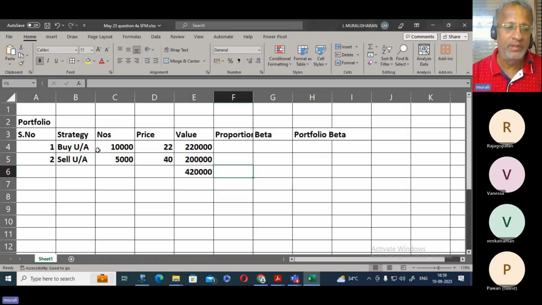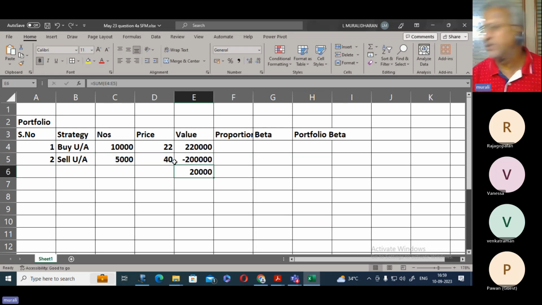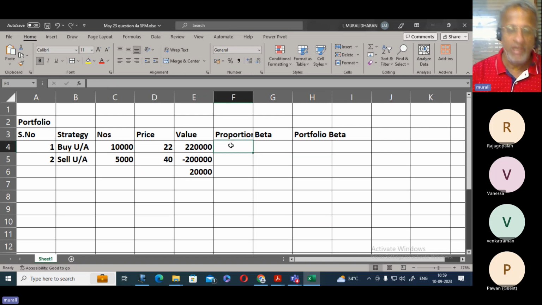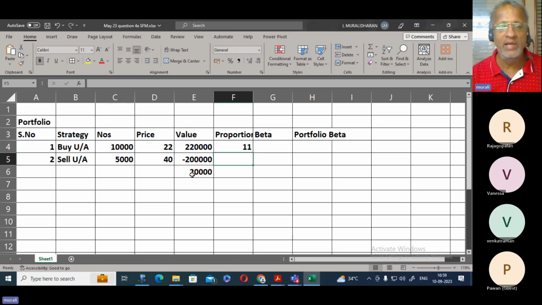Now, these are not on the same lines. One is buy, the other one is sell, so we can't add them without a sign. I got to put a sign for that. So now I have made this portfolio value 20,000. Now I will take 220,000 divided by 20,000, and the proportion of investment in this portfolio to the total value of the portfolio is 11.